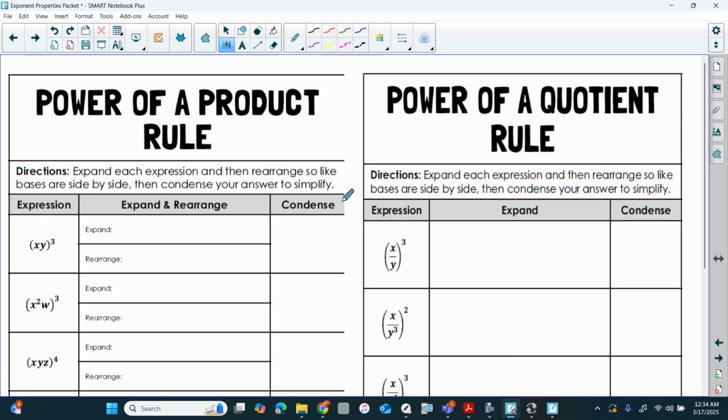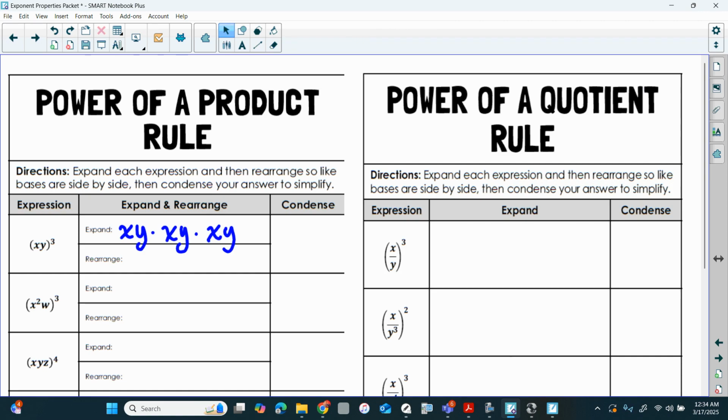We go to the back of this page. We're now going to get into the power of a product rule. Okay. So I'm going to show the expanded rule and then rearrange it to help you see what happens whenever we raise a power to 2 bases or more, rather than just 1. So xy to the 3rd power means I have xy times xy times xy.